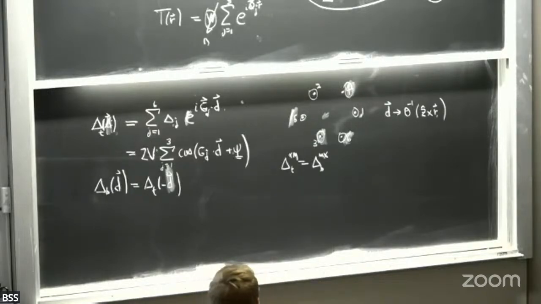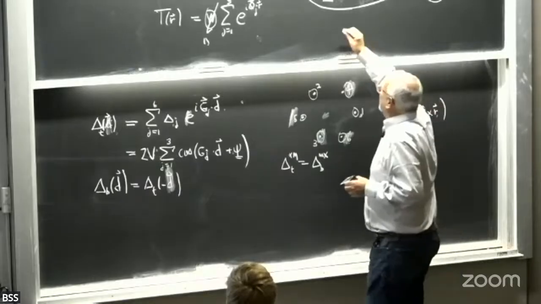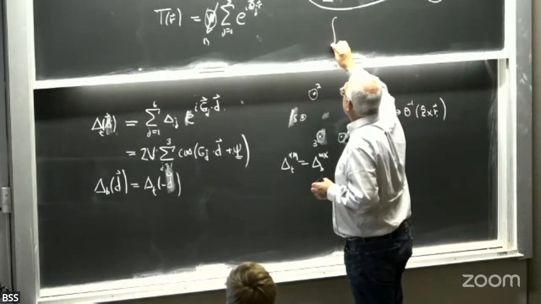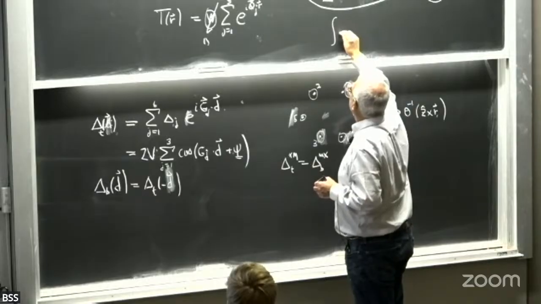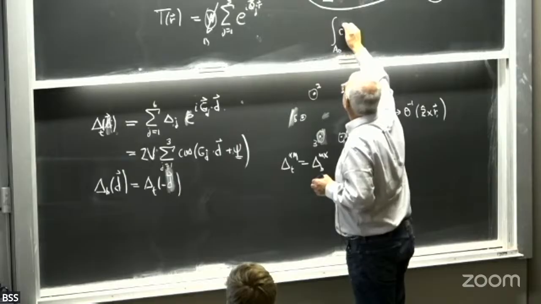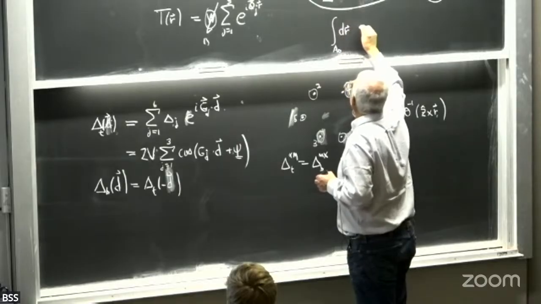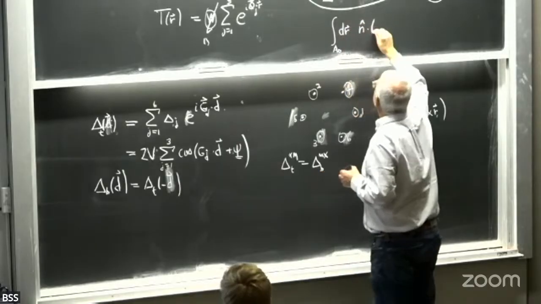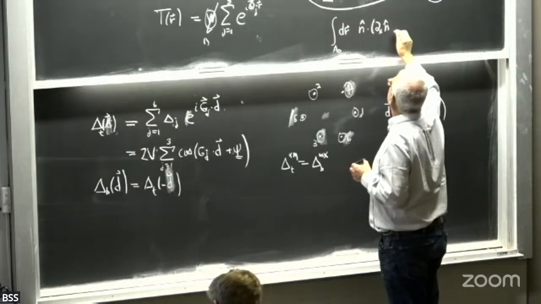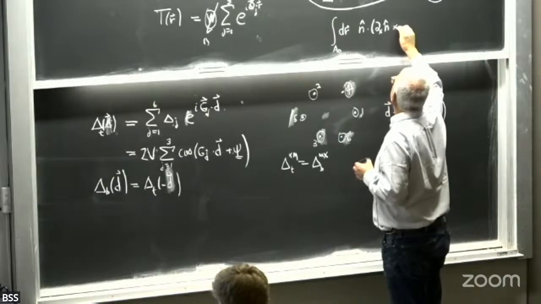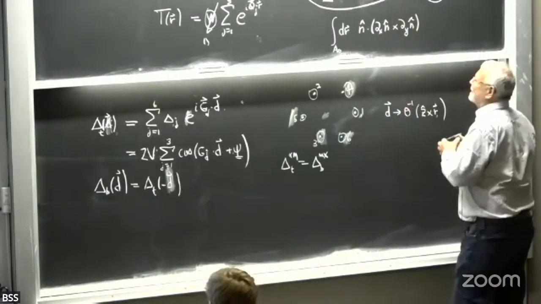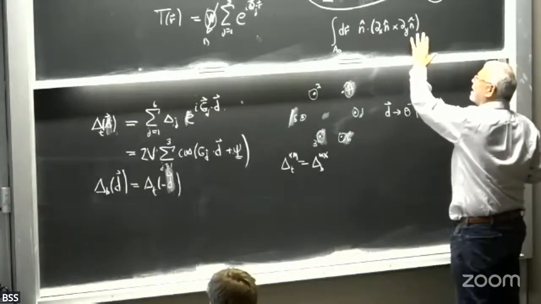And the property of the real space texture is that the integral over a unit cell, any unit cell in real space, is sometimes called the Pontryagin index density.